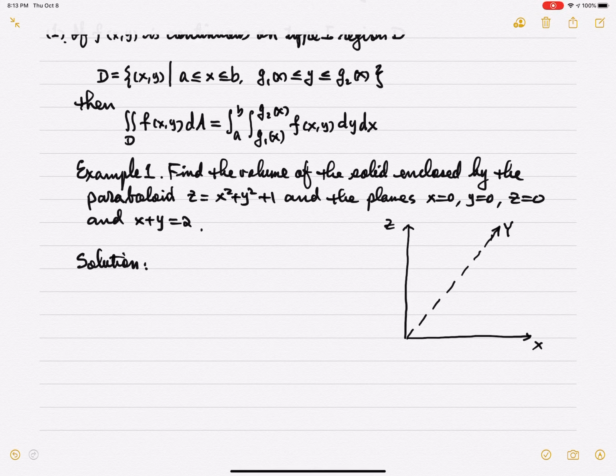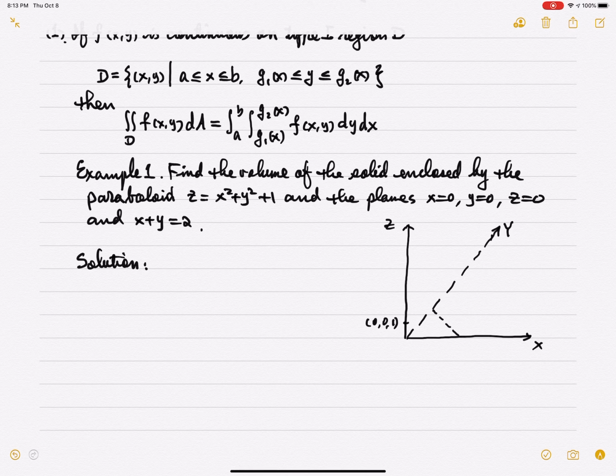Now think about this paraboloid. When x equal to 0, y equal to 0, z is equal to 1. Suppose this is the point (0, 0, 1). And then x plus y equal to 2 is like this line.